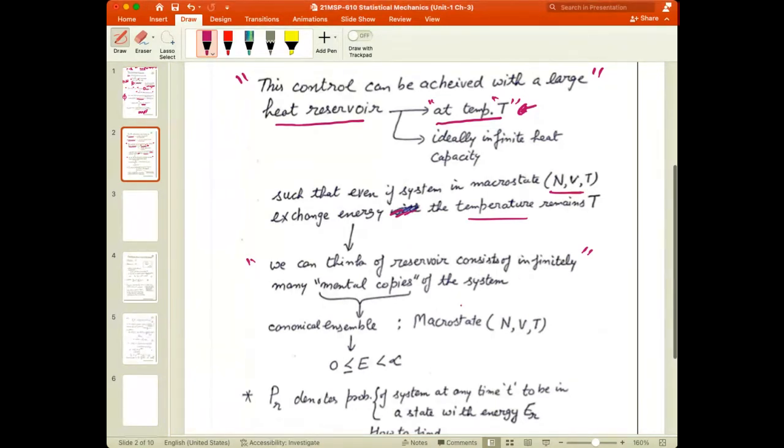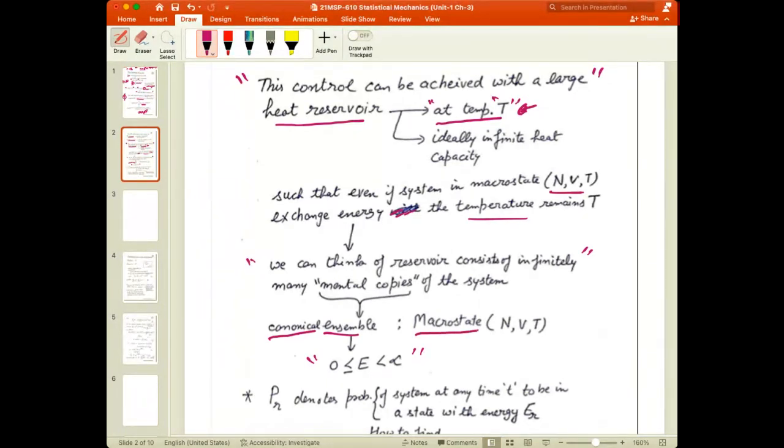Ideally, an ensemble with such conditions is called the canonical ensemble, and as such there is no limit on energy, right? Energy can have zero value and it can go up to as large as required, but in a realistic situation our energy would have some value. In general, it's a variable.